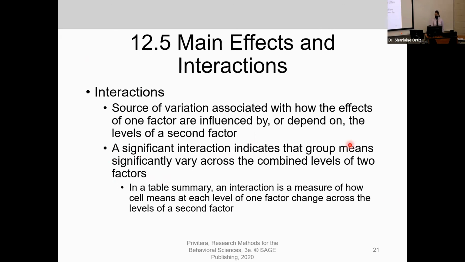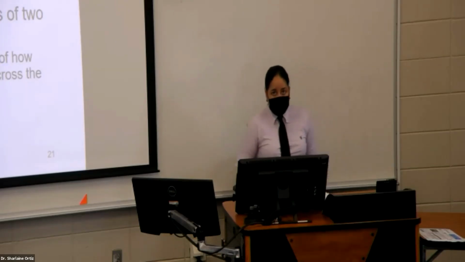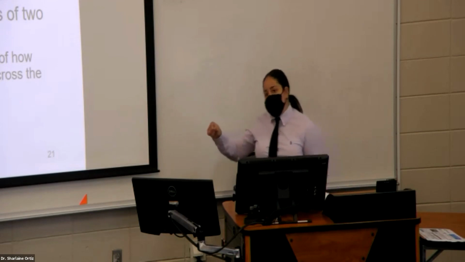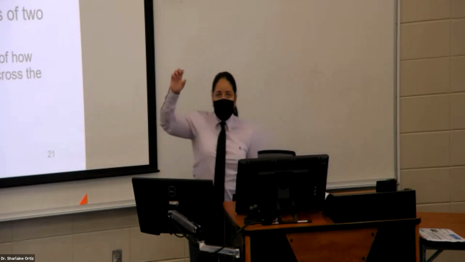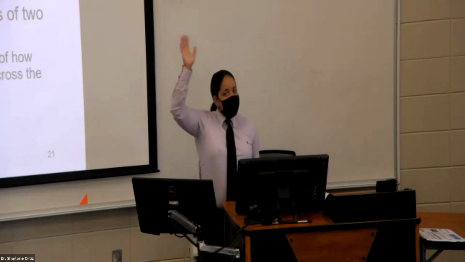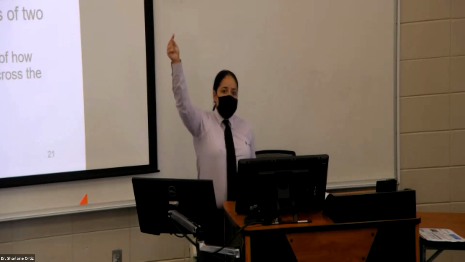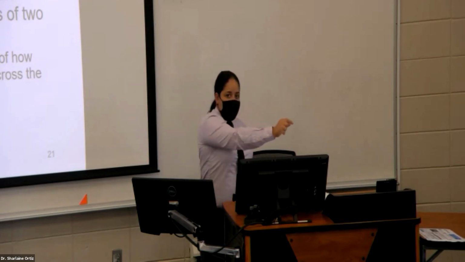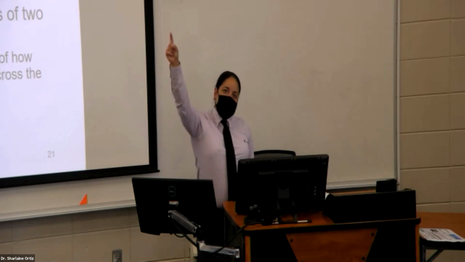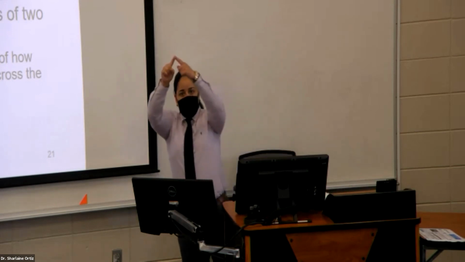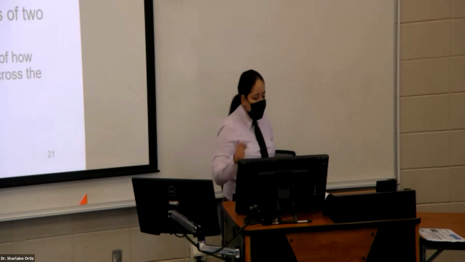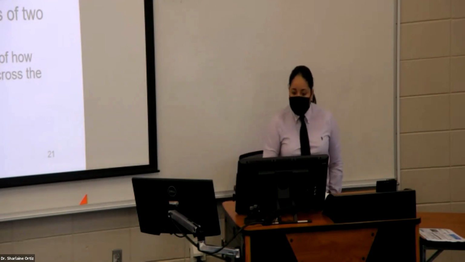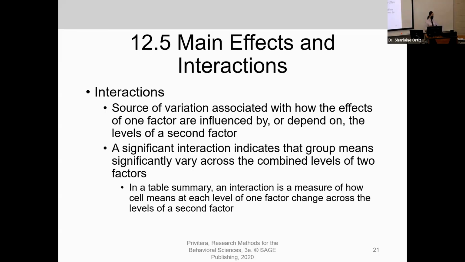Notice that when we are referring to that interaction, what we are referring to is that perhaps that factor would not be significant had it not been influenced by another level of that second factor. And what does that mean? What does that mean that that factor is going to be influenced or dependent upon another level?